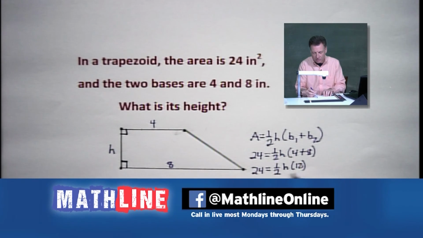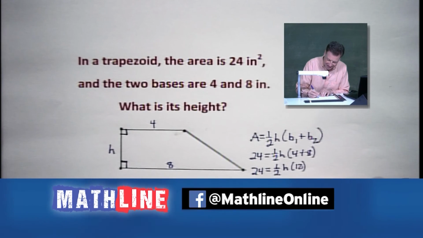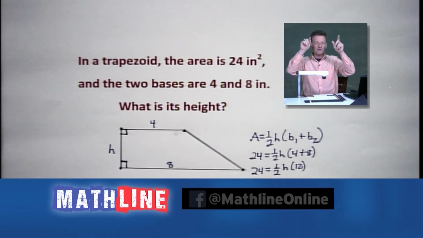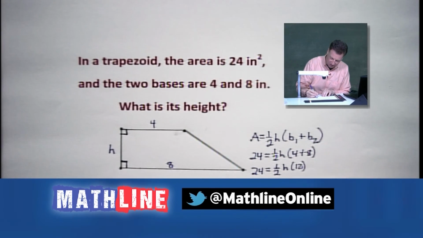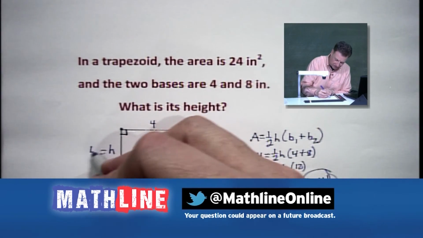We could also double 24, but I'm just going to take half of 12. And I'm seeing 24 equals 6h. And you know where this is going. What is the height? H equals 4. Yes, it is. So there we go, put a 4 there.